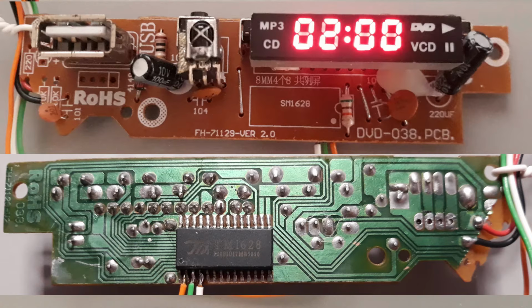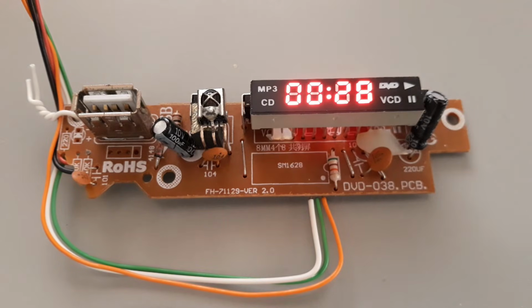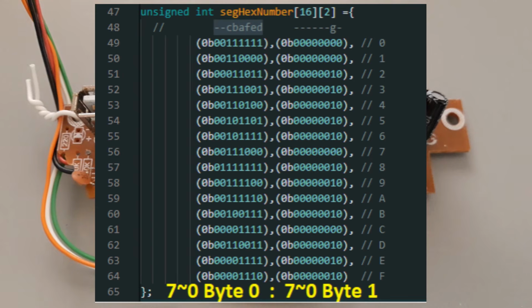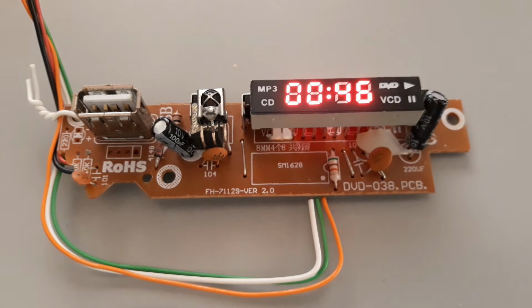Then we have the front and the back side of the panel, the relation between the position of the segments in each digit, and finally the table of 16 by 2 to draw all the hexadecimal symbols in each digit.